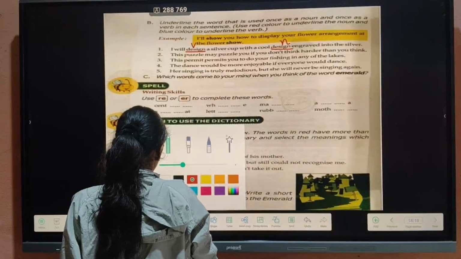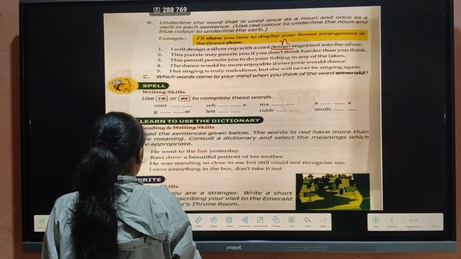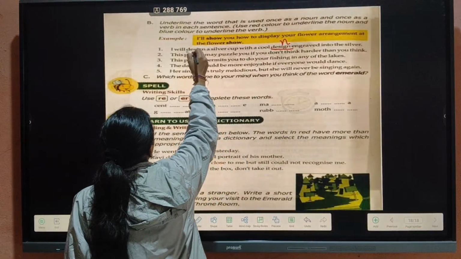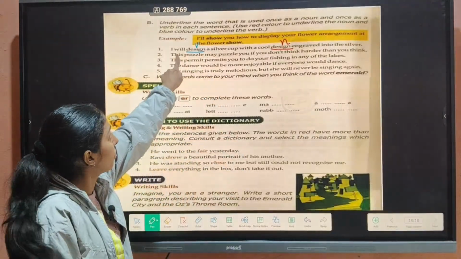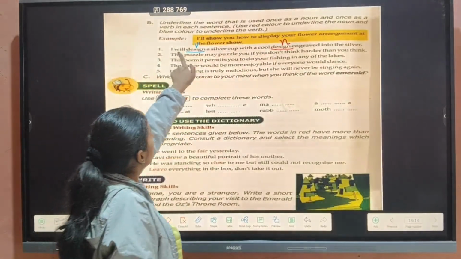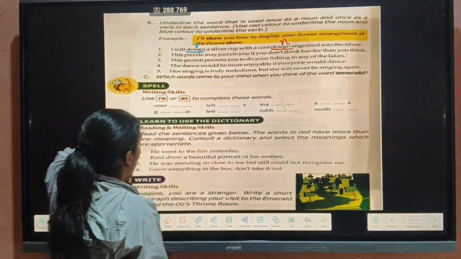The noun we have to underline with red and the verb with blue. So this design is a verb. It will change according to the subject. And beta, this design is used as a noun here.